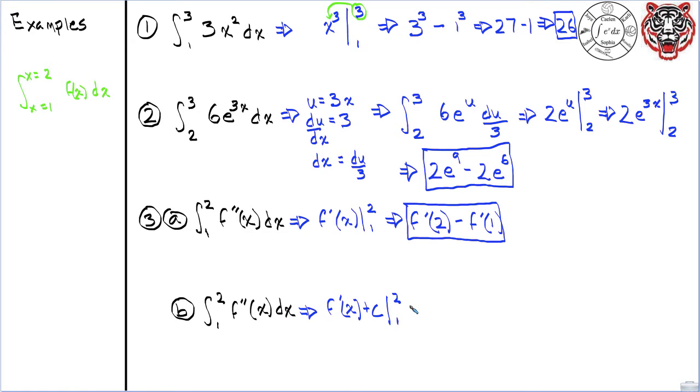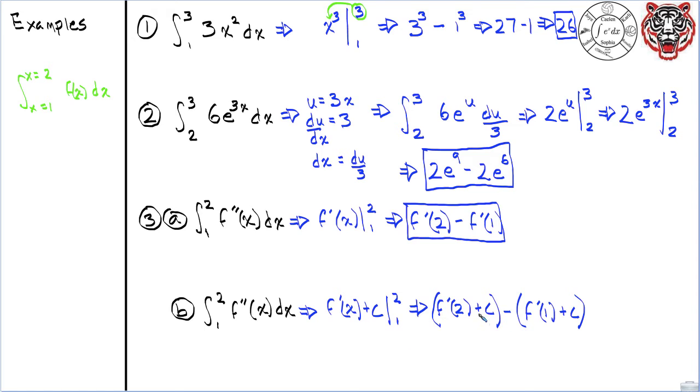Okay, so let's evaluate that. What is that going to turn into? That's going to be f prime of 2 plus c. So that's the whole first substitution. That's subbing in 2. Now we're going to subtract subbing in this 1. So this is going to be f prime of 1 plus c. I just substituted everything in again.